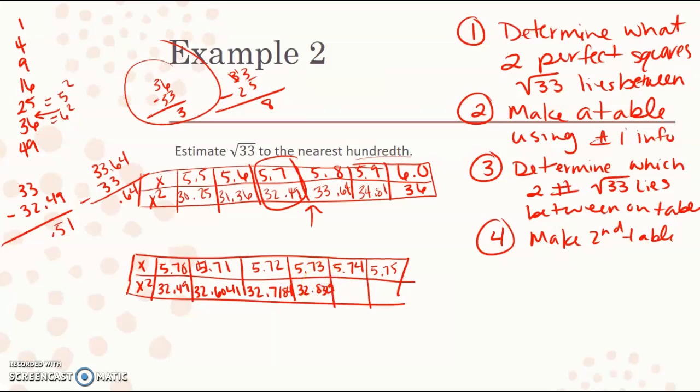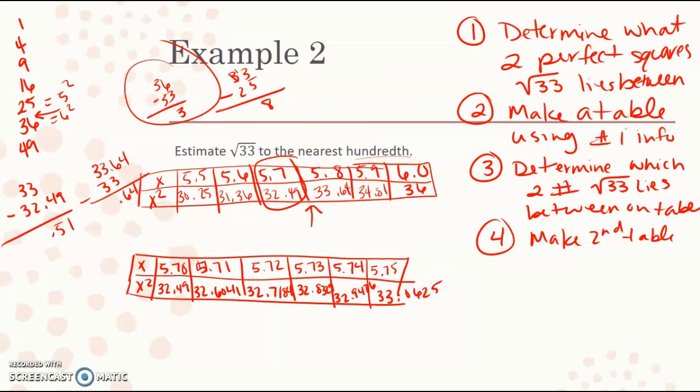And then we're going to take 5.74 and square it. I know it's just the same step over and over again. 32.9476. And then our last one, 5.75 squared, and we get 33.0625.